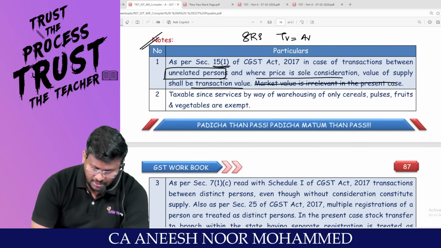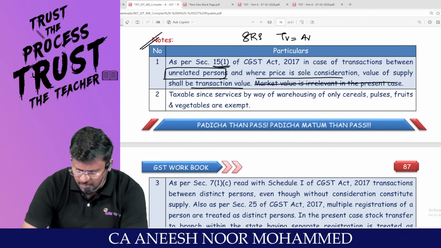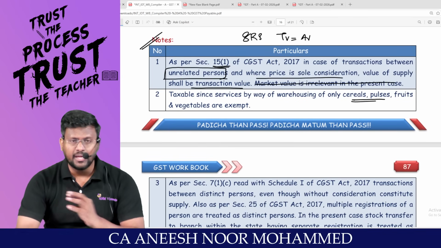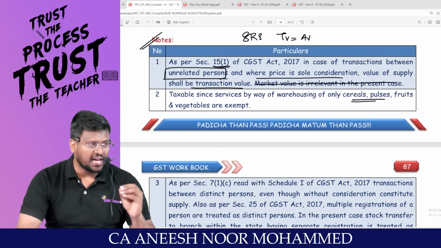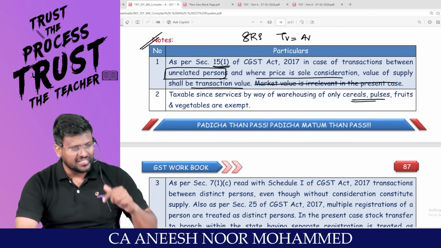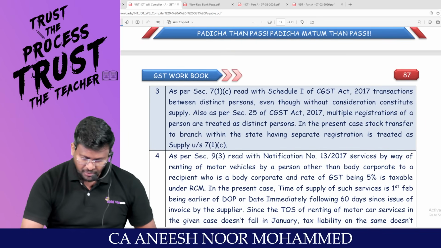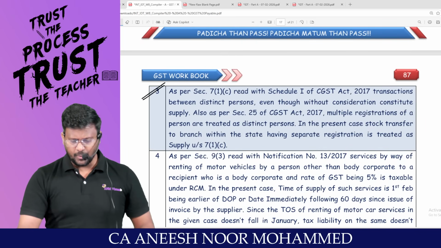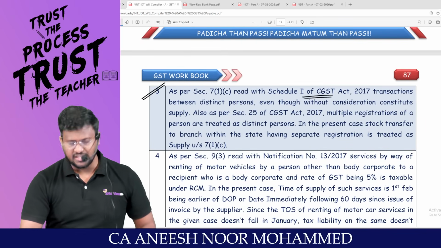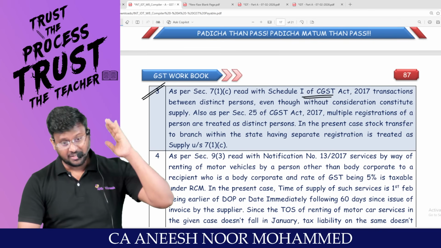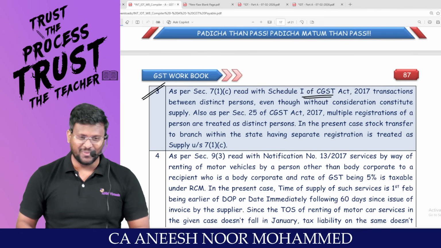Taxable, since services by way of warehousing of only cereals, pulses, fruits and vegetables are exempted. Are you remembering? This is warehousing of potato chips, liable to GST. As per Section 7, subsection 1, clause C, read with Schedule 1 of the CGST Act. Oh, basic chapter, supply chapter.